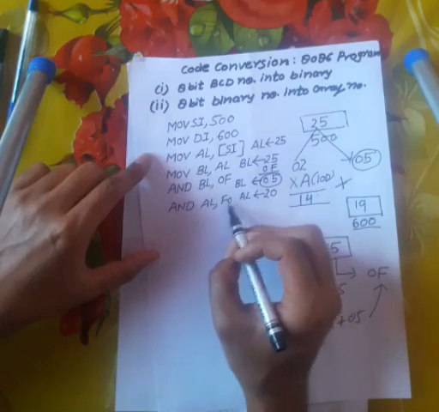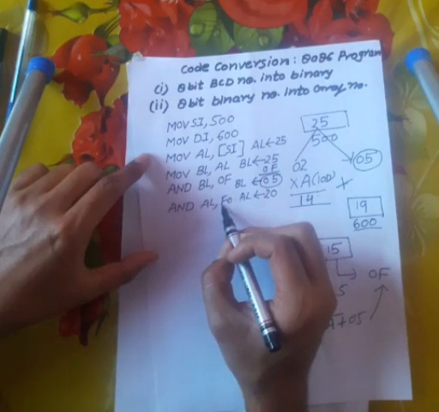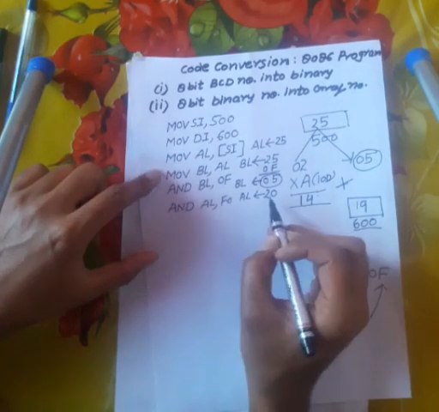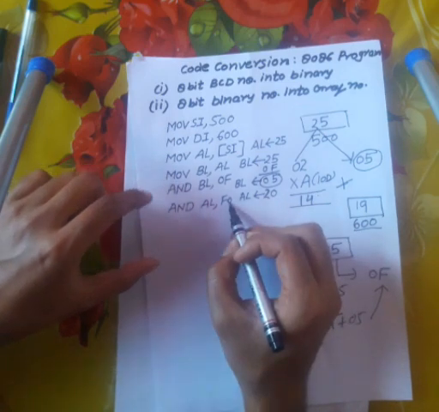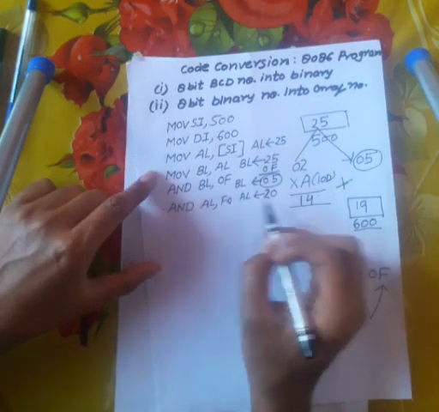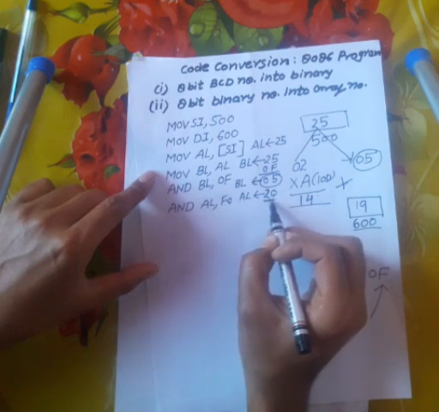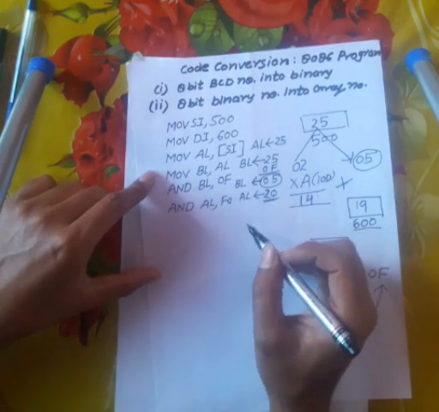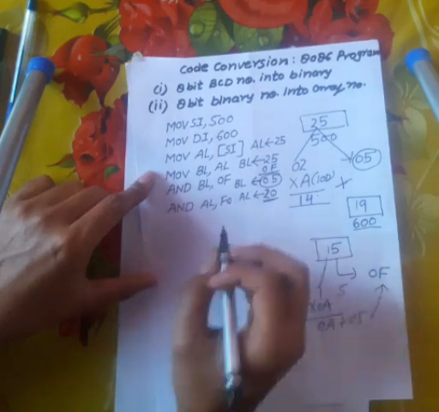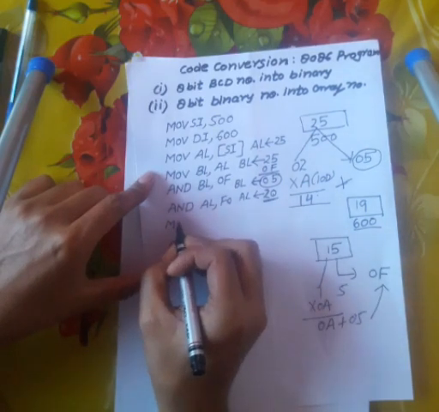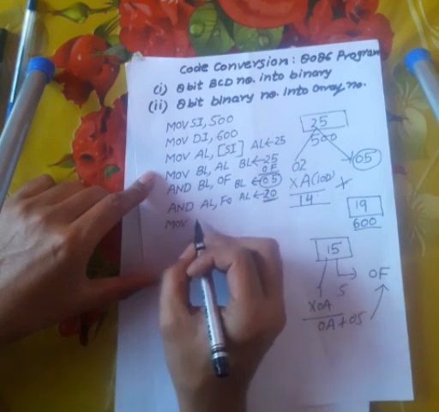So if F is there, all bits are 1, so 2 will come in, and 0 and something always will be 0. So 20. Now you have to reverse the number 20.